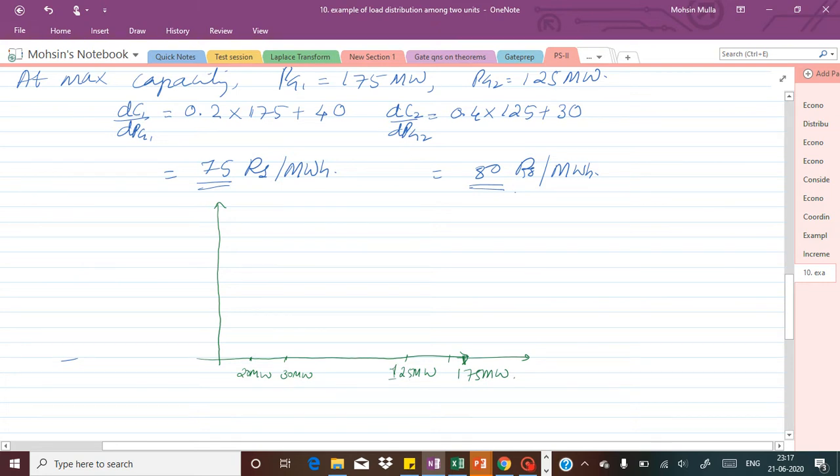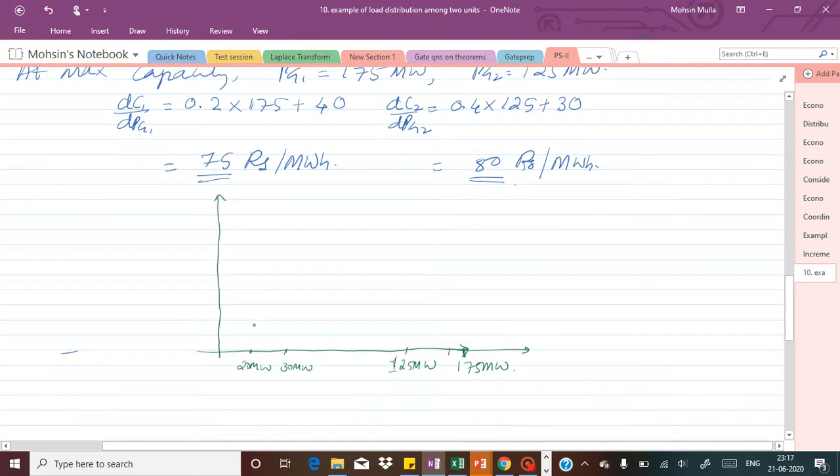Now the value of this minimum incremental cost for this minimum generation, we have already obtained.